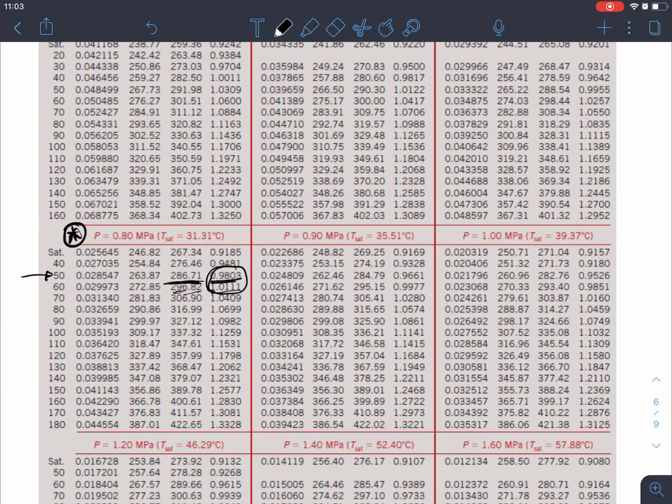That enthalpy would be H2s, and this enthalpy right here, 286.71, is H2a. H2a is the actual, however H2s would be coming from the interpolation.